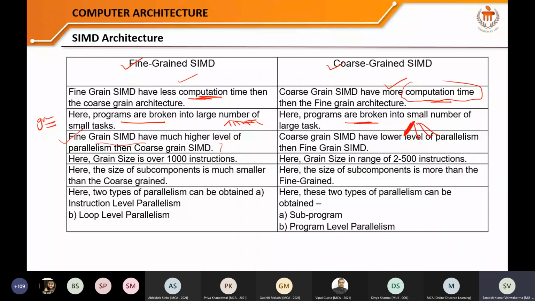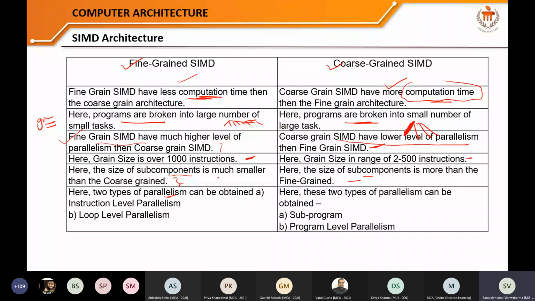The third point is that coarse grain SIMD has a lower level of parallelism than fine grained. Grain size is over 1000 instructions here, and in fine grain the grain size is in the range of 2 to 500 instructions. Here the size of the subcomponents is much smaller than the coarse grained, and there the size of the subcomponent is more than the fine grained. Now, two types of parallelism can be obtained.